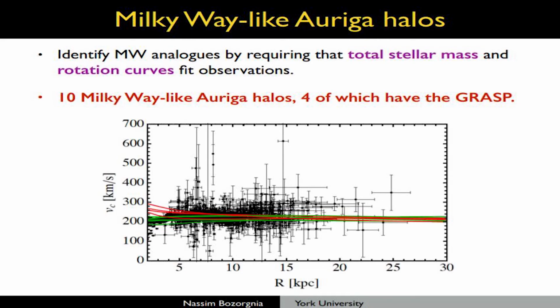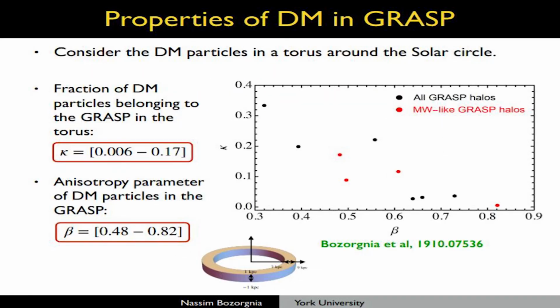So we still have 4 halos we can work with. And what we find, if again we go to this torus region, is that depending on the halo, there is a range in this fraction of dark matter in the sausage. So we agree with the results of Evans et al. that it cannot be so large. The largest is 17%.